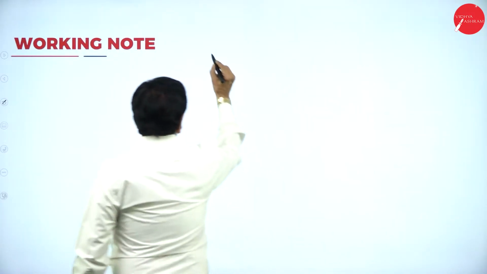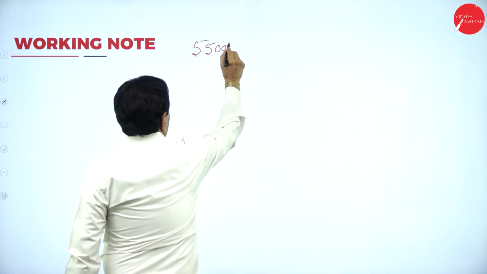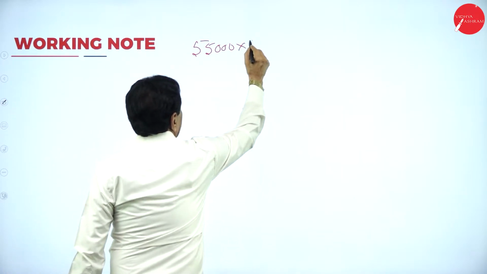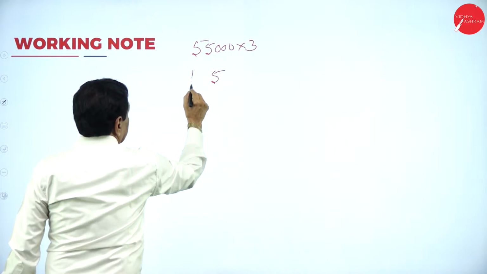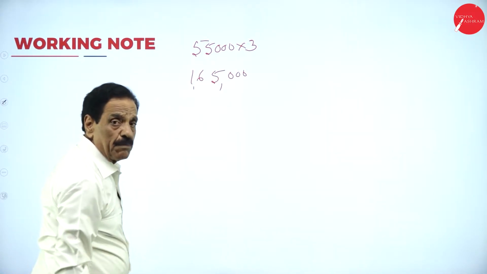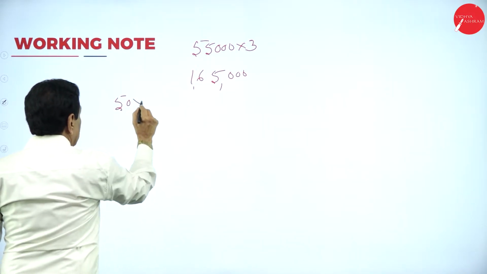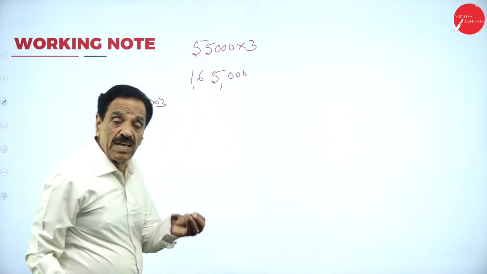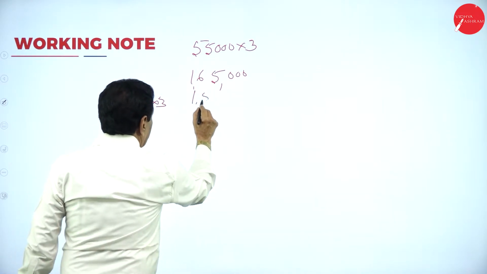You receive 55,000 application. How many application received? 55,000. What's the rate? 3 rupees. 5 threes are 15, 16. 1,65,000 you receive application money. Actually require here 50,000 into 3. You have got 50,000 share at the rate of 3 means you require 1,50,000.